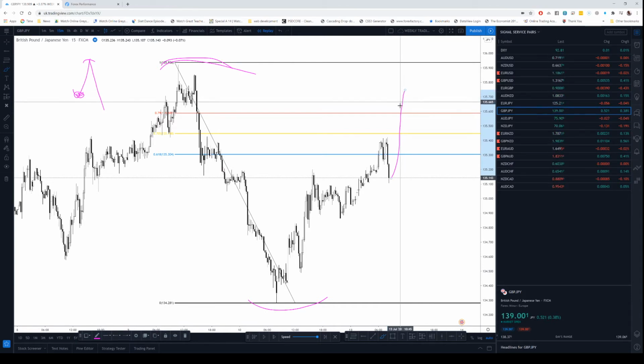Whatever you do, there will be a probability that you might take a stop loss, a loss. But overall, you're supposed to be looking for sells in this range.